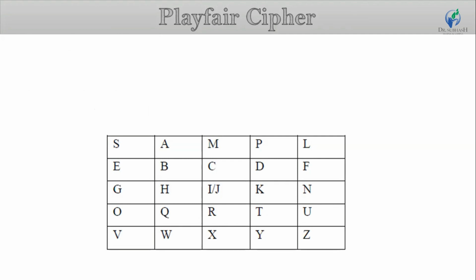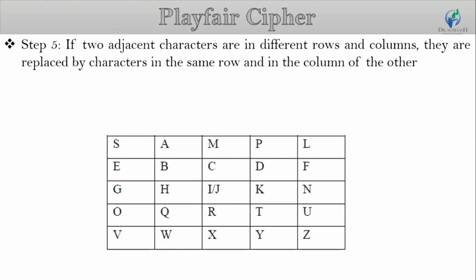Now in the next step, if two adjacent characters are in different rows and columns, they are replaced by the characters in the same row and the same column of the others.